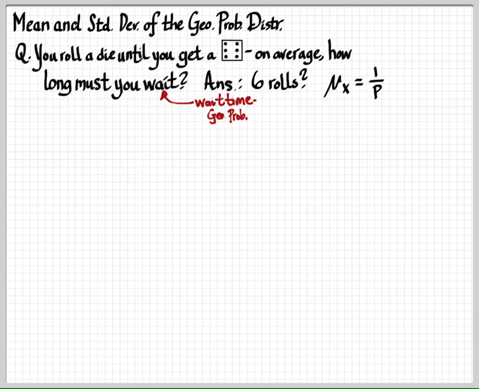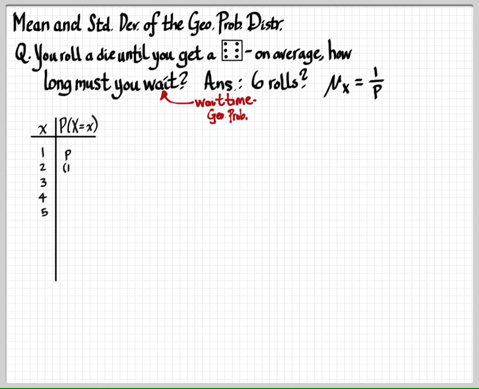If we had some other thing that had a 1 in 10 chance of success, we would expect to wait on average 10 attempts until we got our very first success. If something had only a 1 in 100 chance of succeeding, we'd expect to wait 100 times until we get our first success. Now that's on average how long we'd have to wait. We might get our first success the 4th time, or it might take 250 trials. But on average, it would take 1 over p, where p is the probability of success.